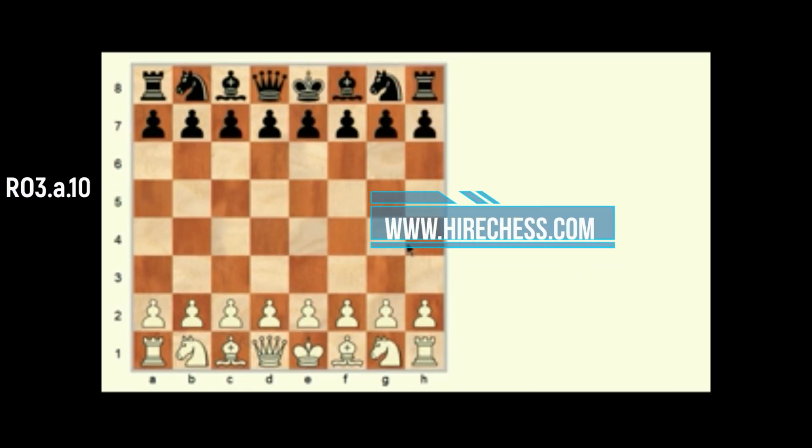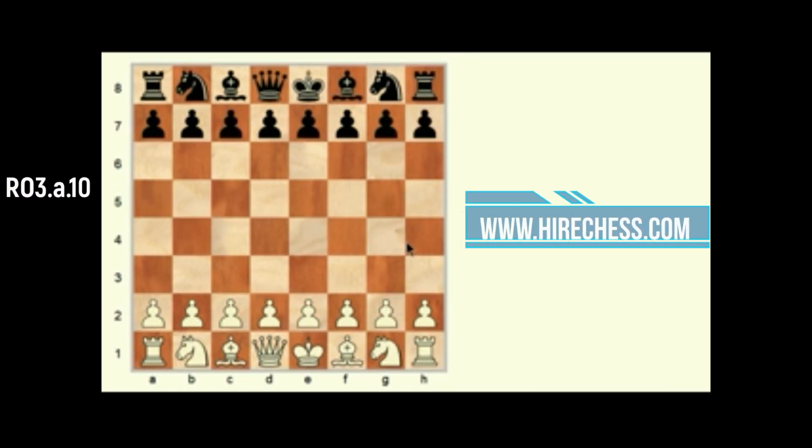This is Reti opening under equal advantage category, variation number 10. Knight f3. In the Reti opening under equal advantage category, variation number 6 to 9, the move was knight f6 from black. But now in the 10th variation, the move changes.